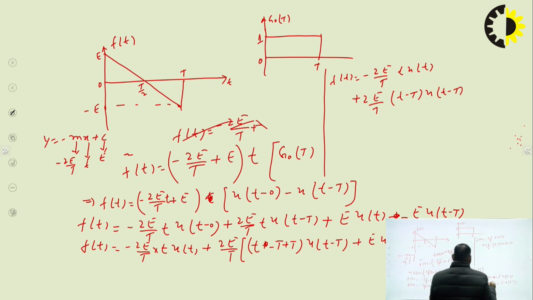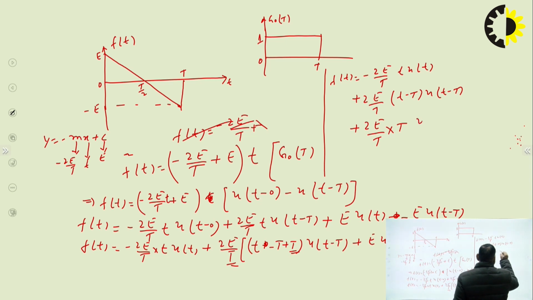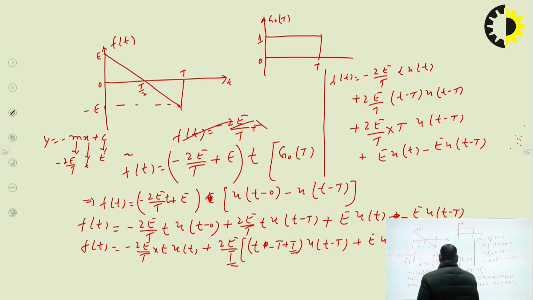Then plus 2E by T into T, this term, u(t minus T). Okay, now the remaining, plus E u(t) minus E u(t minus T).